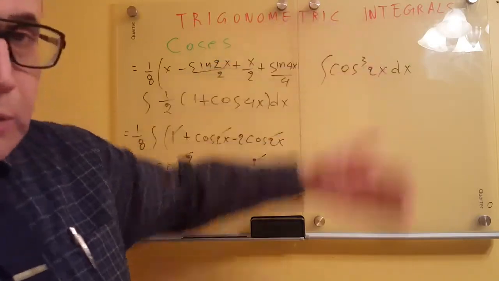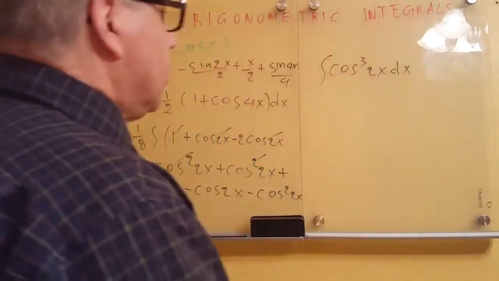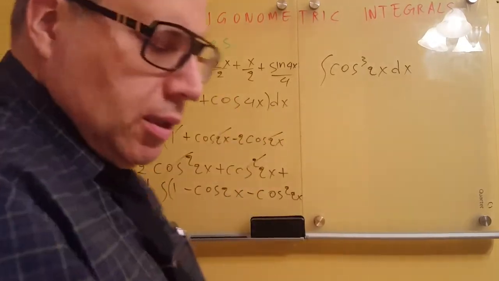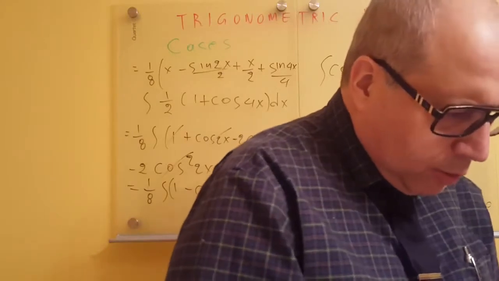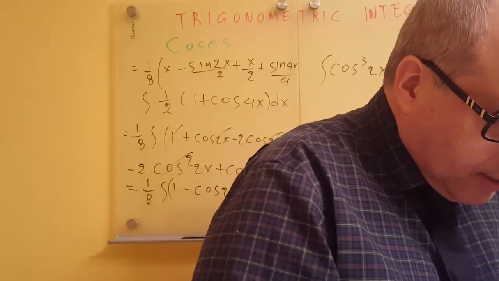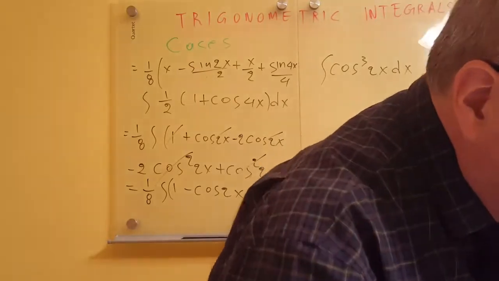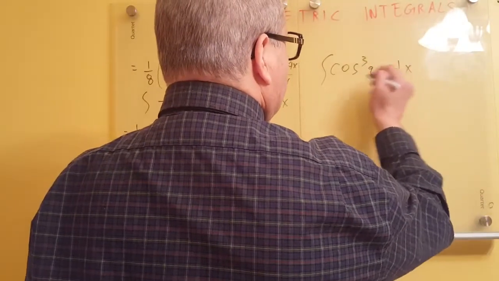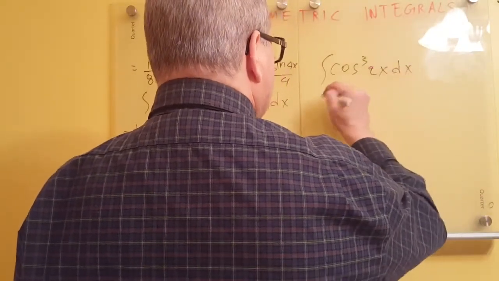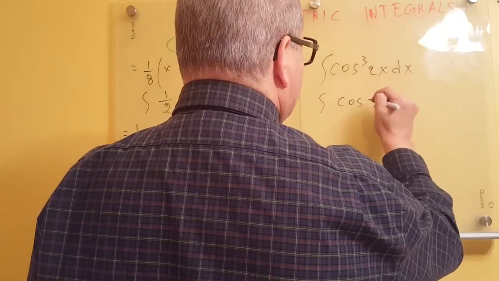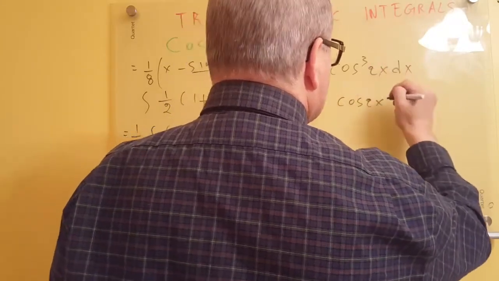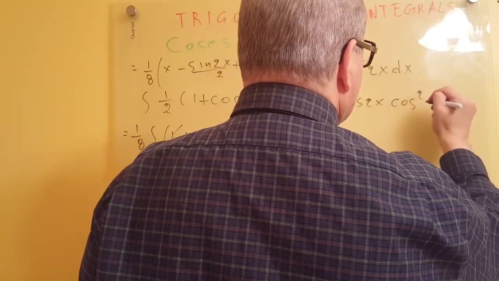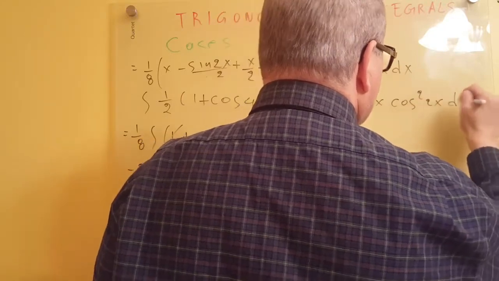Have the cos to an odd power. So I have to use the first thing that I spoke today, which is I save a power of cos of 2x, and I write the rest like this.